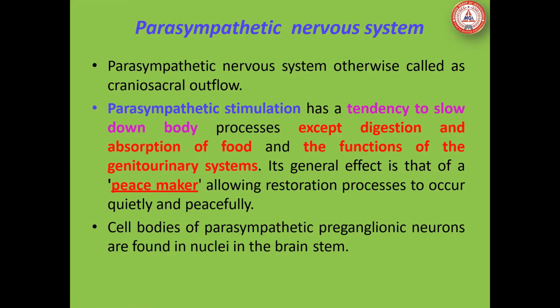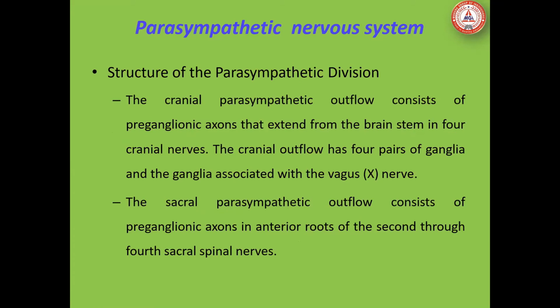The cell bodies of the preganglionic neurons in the parasympathetic nervous system are found in nuclei in the brain stem. In the structural division of the parasympathetic nervous system, the cranial parasympathetic outflow consists of preganglionic axons that extend from the brain stem in four cranial nerves.